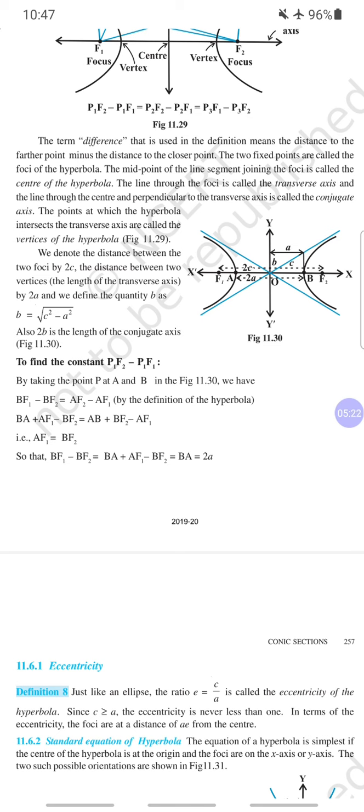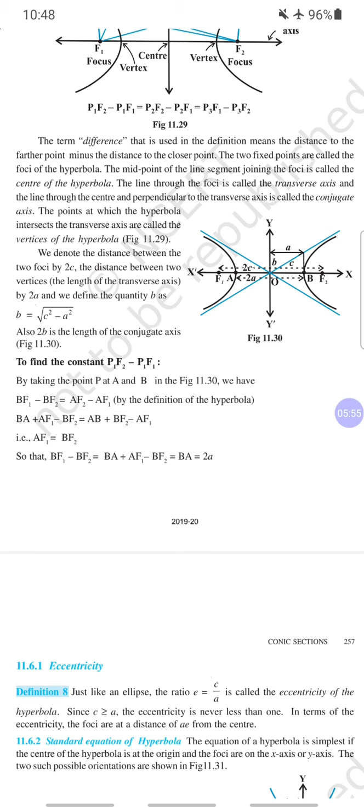This is what is given. Now, BF1 can be written as BA plus AF1, and BF2 will remain the same. AF2 can also be written as AB plus BF2. So BA and AB will cancel out, and we get 2AF1 minus 2BF2 is equal to 0, and from here we can say that AF1 equals BF2.